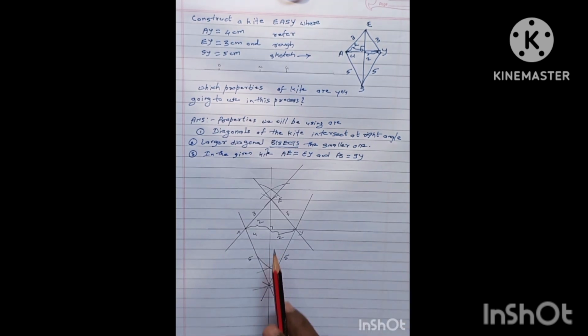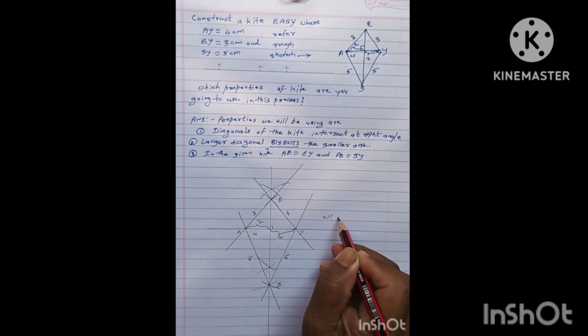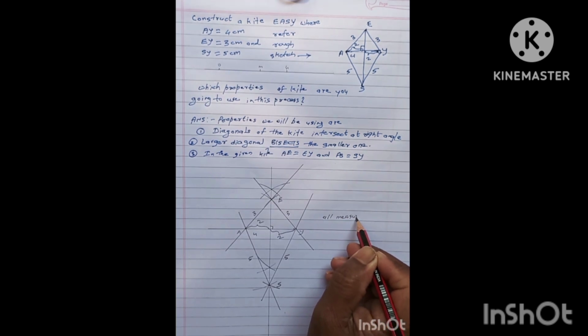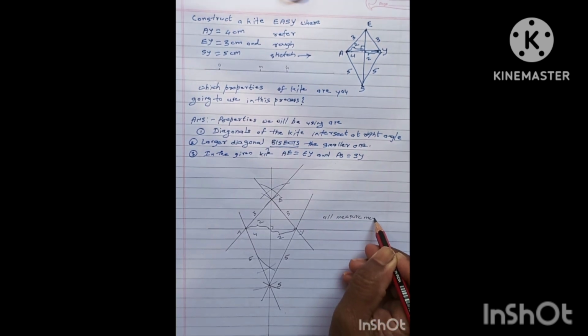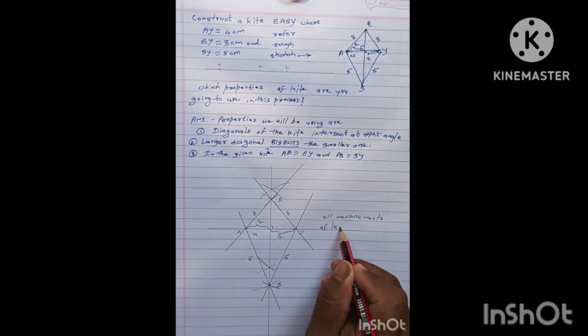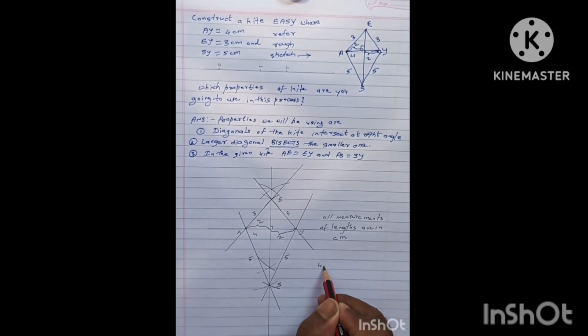Now the unit: all the measurements are in centimeters. Here there are no angles specified, you need not write that, but about units you always have to write. And the answer is, you are supposed to draw a kite EASY, so you mention that this is a kite EASY, that's it.